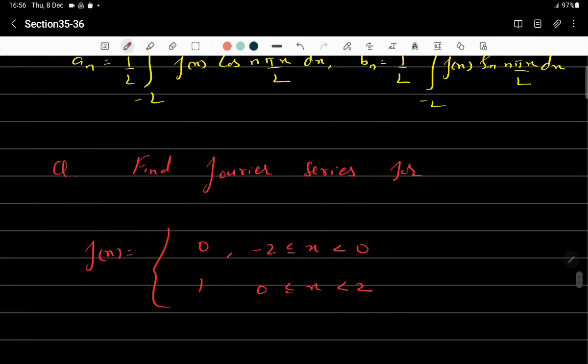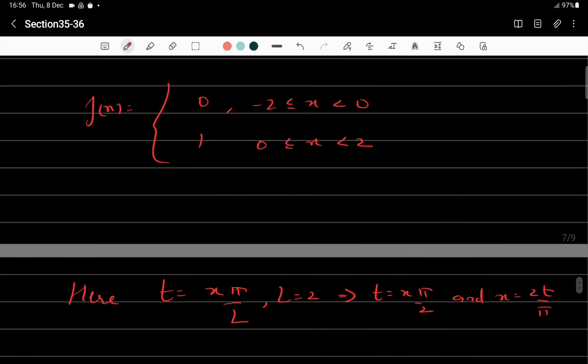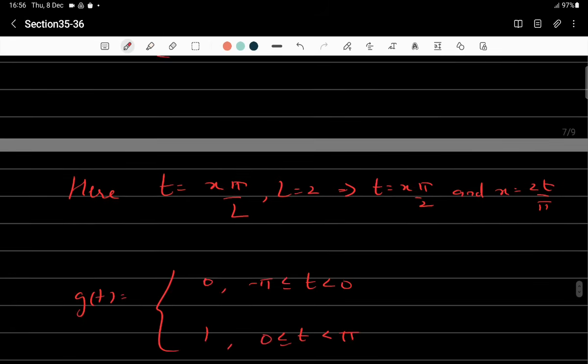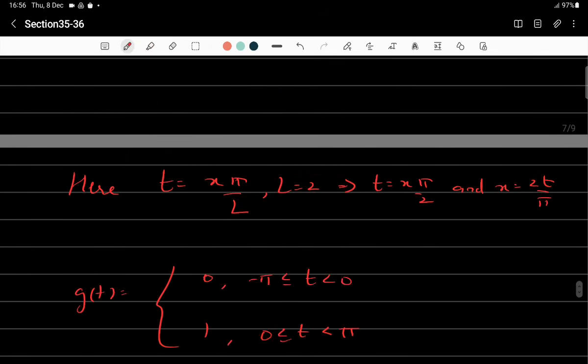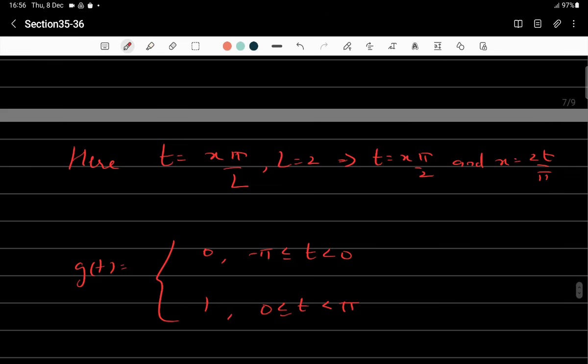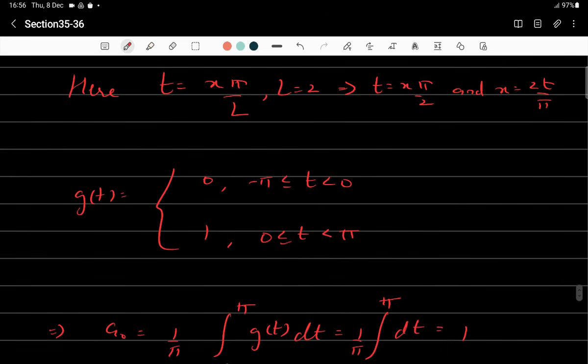As I told you, let's see an example where f of x is defined over the interval minus 2 to 2. It means L is 2. So you define t to be x pi by L, where L is 2. That means t is x pi by 2 and x is 2t by pi. Now for g of t, since in f of x both the values are constant, there is no x, therefore it remains the same, 0 and 1 over the intervals minus pi to 0 and 0 to pi.